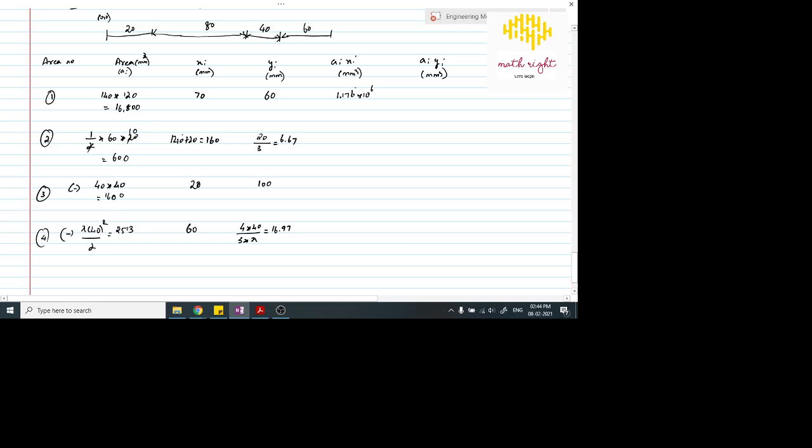16800 into 60, we get 1.00 into 10 to the power 6. Similarly, for this value also, 600 into 160, we get the value of 96 into 10 to the power 3. Similarly, 600 into 6.67, we get 4 into 10 to the power 3.